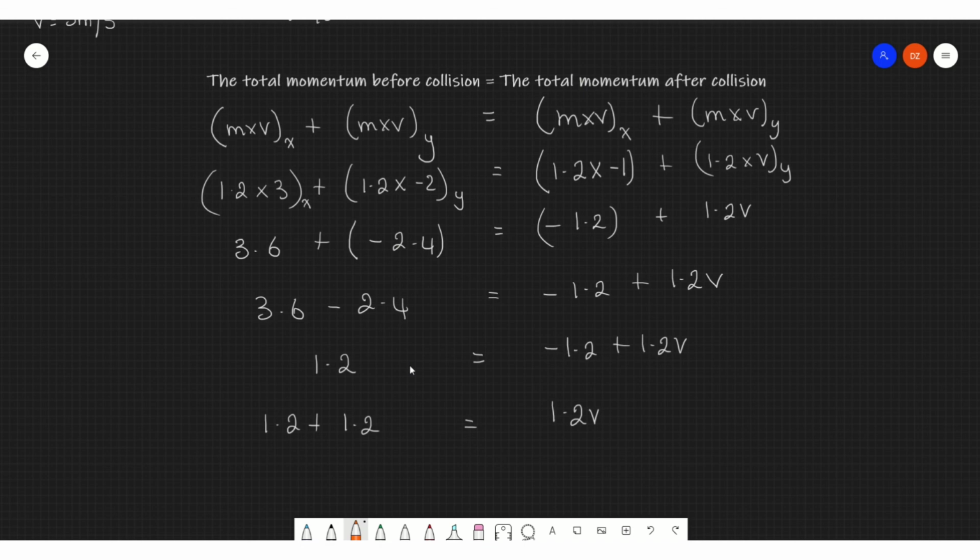What we did is we took this negative 1.2 to the other side. Okay, so we try to simplify both sides of the equation with the aim of making v subject of the formula.